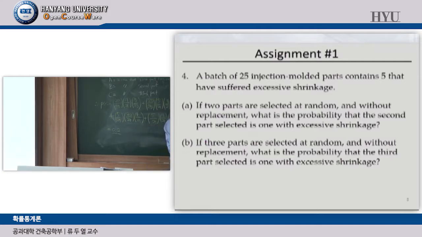And this, the conditional probability of B given A prime, right? And this will be the conditional probability of B prime given A. That is the conditional probability of B given A.